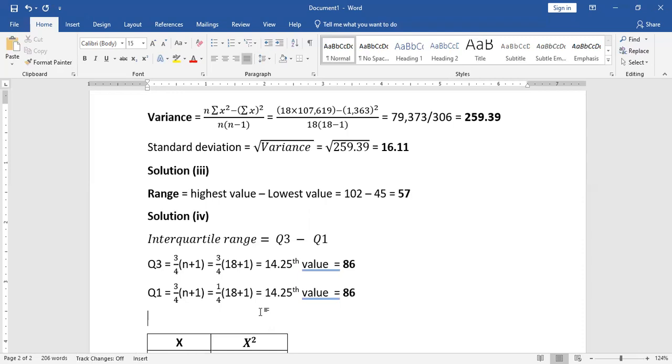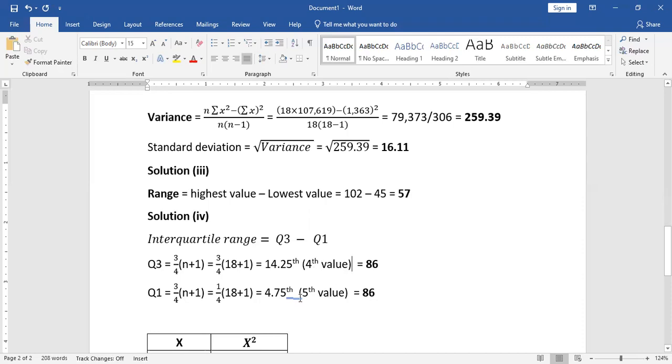We have 4.75 value rounded off. This will be the 5th value.